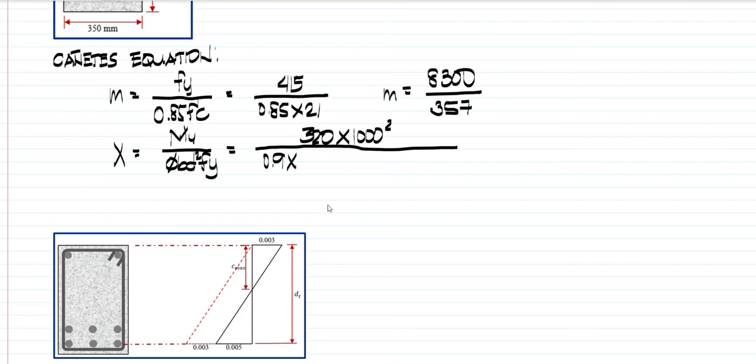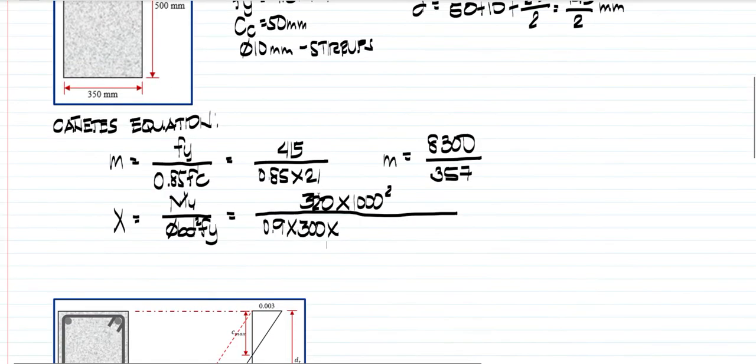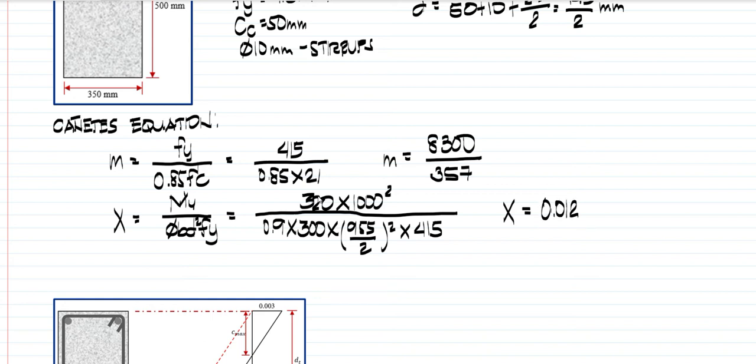Times b, which is 300, times the effective depth kanina na nakuha natin from the previous one, which is 955 over 2, so that is squared, times the given fy, which is 415. So our value for the x will be equivalent to 0.012525. So ito na ngayon yung value ng x natin.